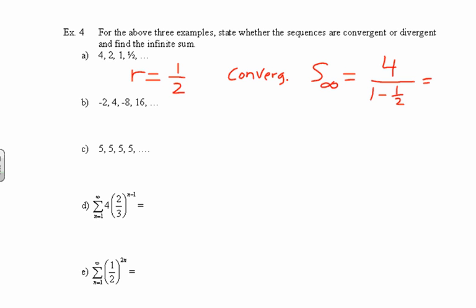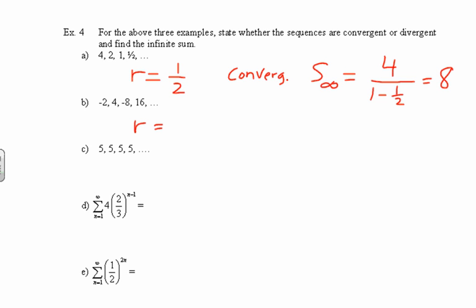What is 4 divided by 1 minus a half? 8. By the way, I hope you can see that this formula saves you a lot of work, because the only other way to do this would be to take 4 plus 2 plus 1 plus a half and keep going for quite a while and see what you're approaching. Right? This is much more streamlined.